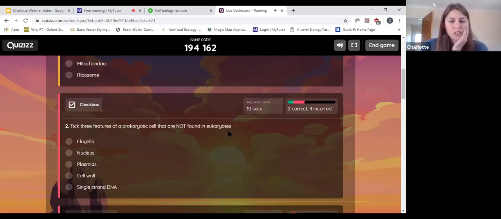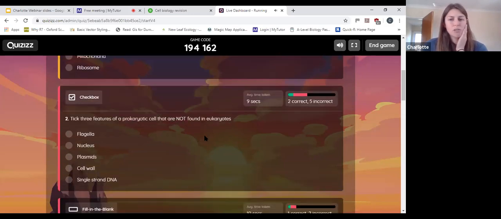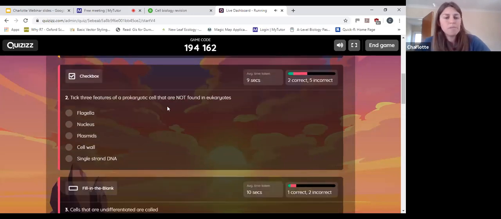Let's move on to the checkbox question, question 2. Tick 3 features of a prokaryotic cell that are not found in eukaryotes. Another thing is, if you are struggling to do this and you want to just write it down while I read it out, we'll run through the answers, so no problem if you want to do that as well.